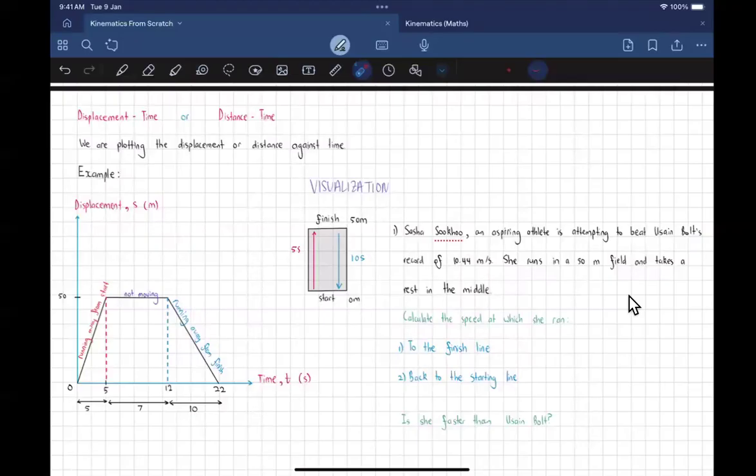Alright, so Sasha, let me figure out the answer, at least for question one, right? What's the speed to the finish line? Remember what I showed you? The difference between 0 and 50 is 50, so 50 over 5, that's 10, right? And let me look at this one.